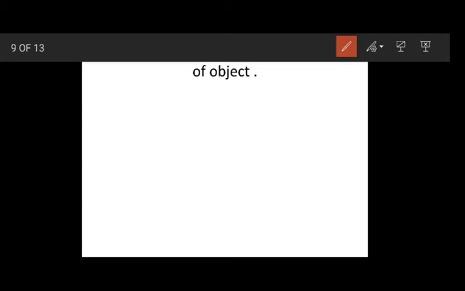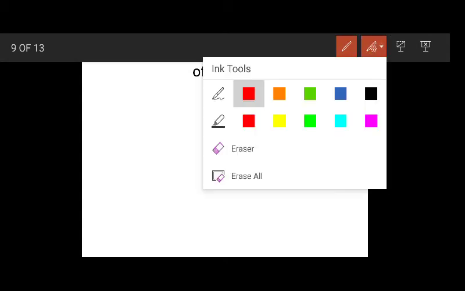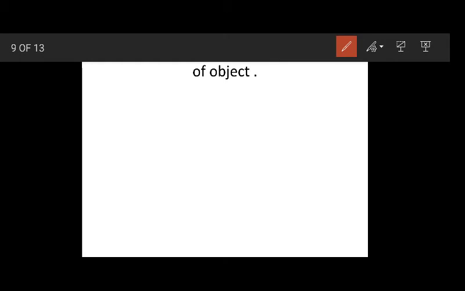Think that the position of the object is at 4 position.